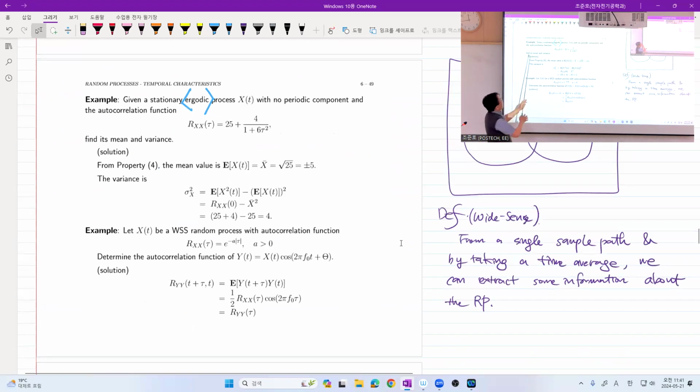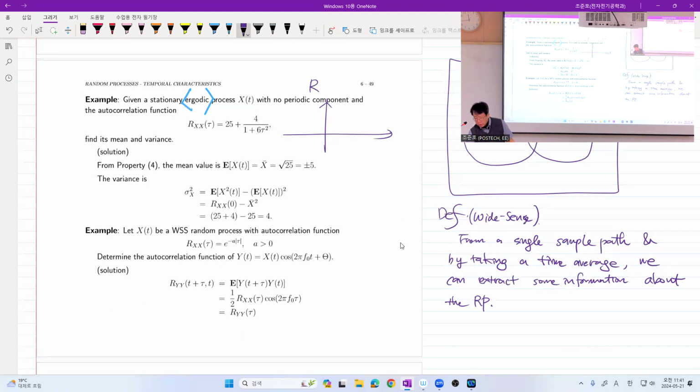Suppose you have a second order stationary, or stationary and ergodic, random process x of t. So you have an autocorrelation function only of tau. Suppose it is given in this way: some constant plus 4 divided by 1 plus 6 tau square. If you draw the graph of this one, then what happens?